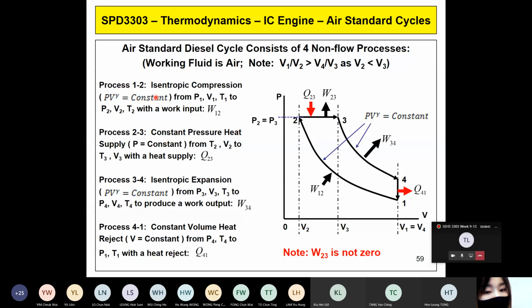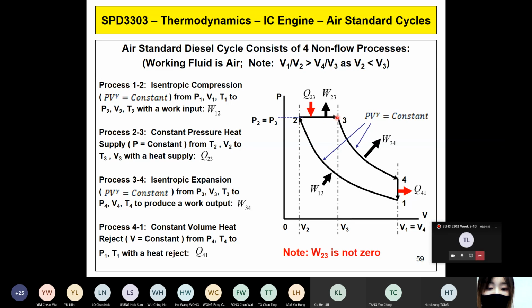During process 1 to 2, the state of air changes from point 1 to point 2, from low pressure and low temperature to high temperature and high pressure, by giving a work input to the system. Isentropic, no heat.